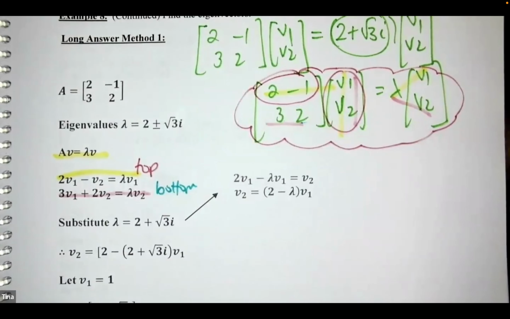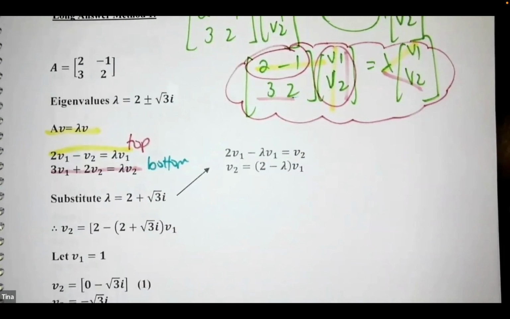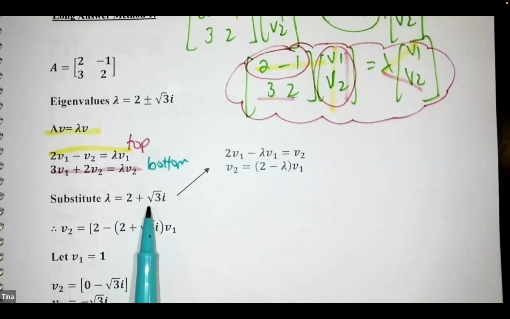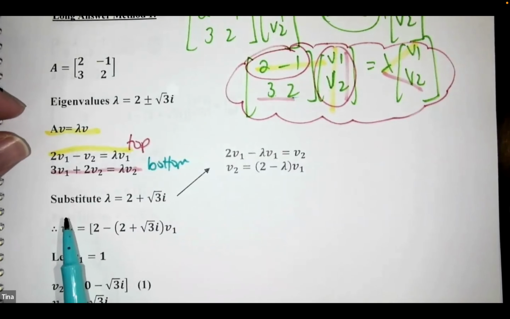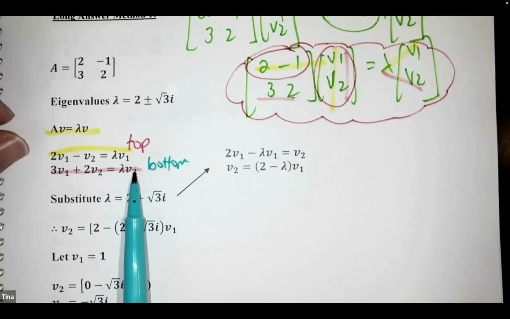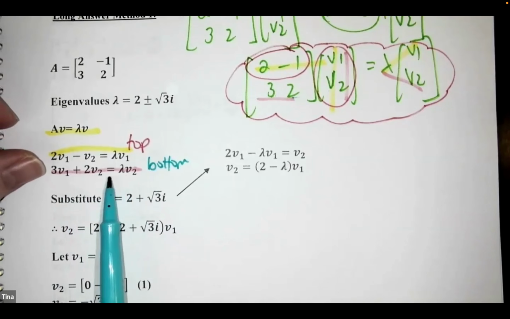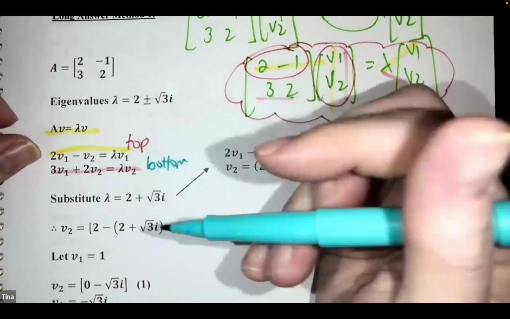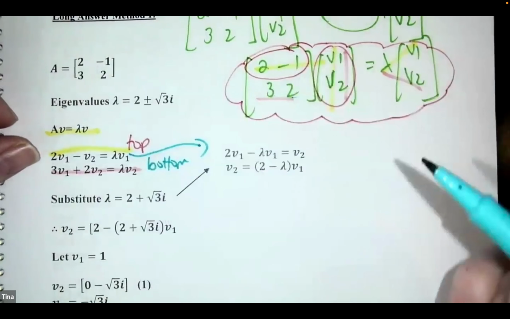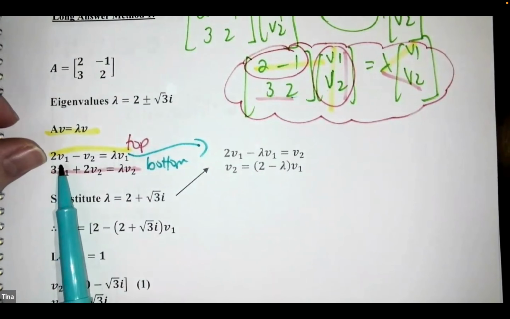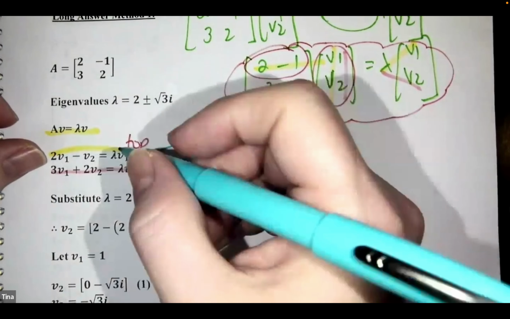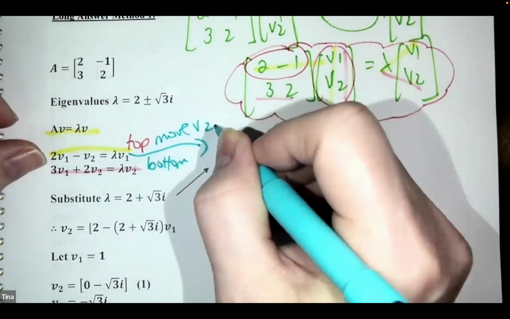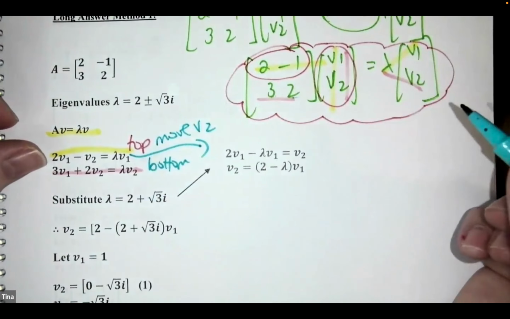So see, I have that equation. Now, sub in the lambda. So we're going to do 2 plus root 3i. From this, let's simplify it: 2v1 minus lambda v1 equals v2. So I'm moving the v2 across to this side.